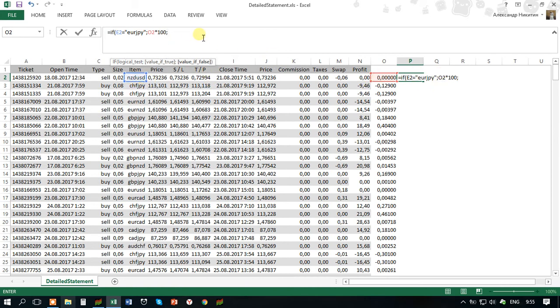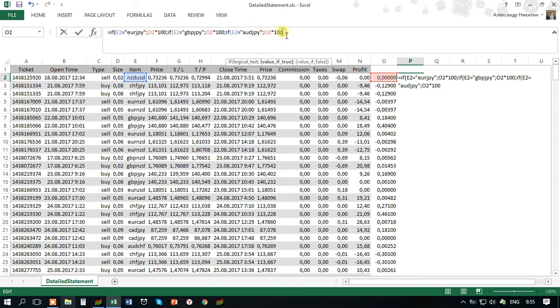Okay, but what if it is not euro yen? Do another if, and this time not euro yen but pound yen, GBP. But what if it's not pound yen? Do the following, but this time it should be Aussie yen, AUD.